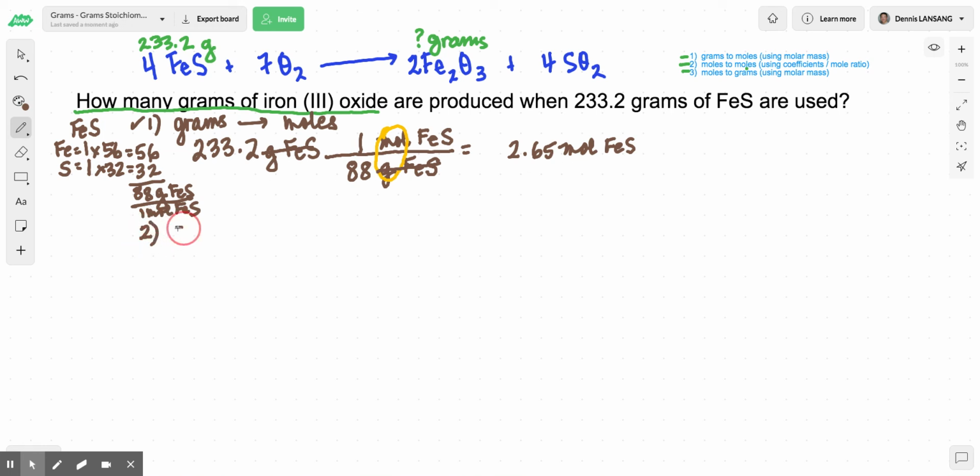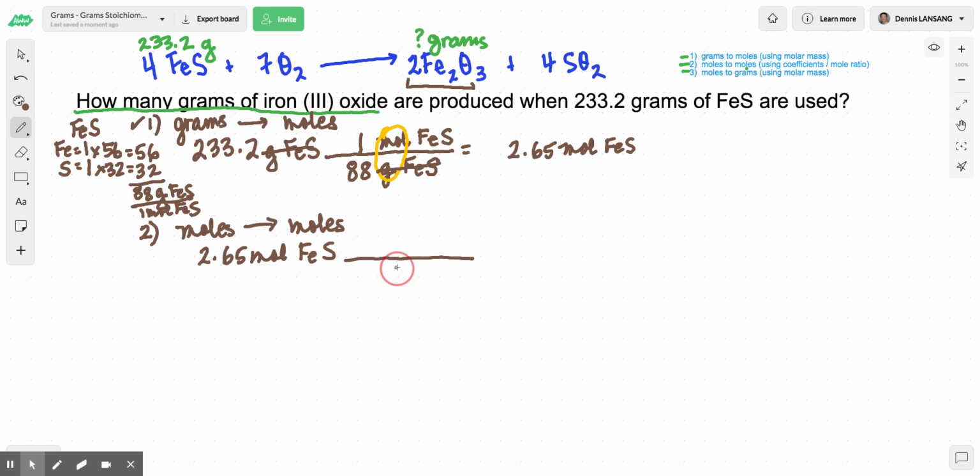Step 2, convert the moles of what you know to the moles of what you're looking for. Remember, we're looking for iron 3 oxide. And so we're going to find the moles of that first, knowing that in the third step, we can convert those moles to grams. So let's write that previous answer, 2.65 moles of iron 2 sulfide.